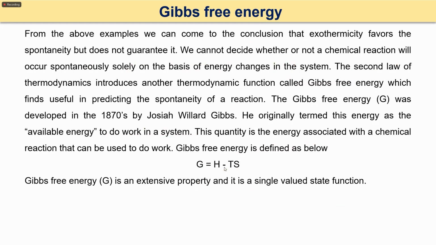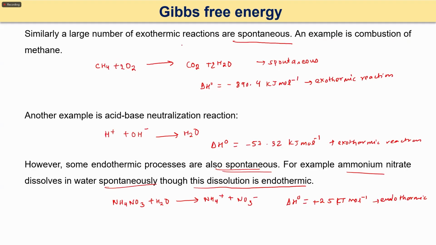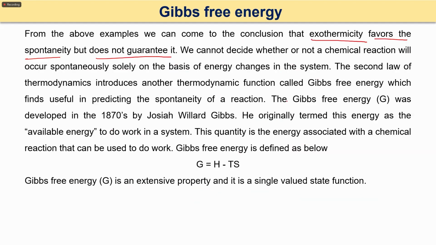From the above examples, we can conclude that exothermicity favors spontaneity but doesn't guarantee it, because we see that the exothermic reactions were spontaneous, but the exothermicity of a reaction doesn't guarantee its spontaneity.